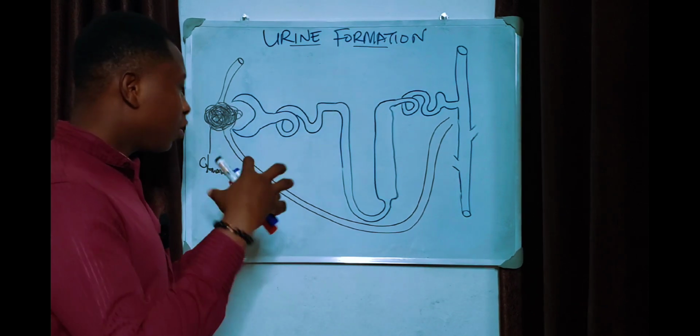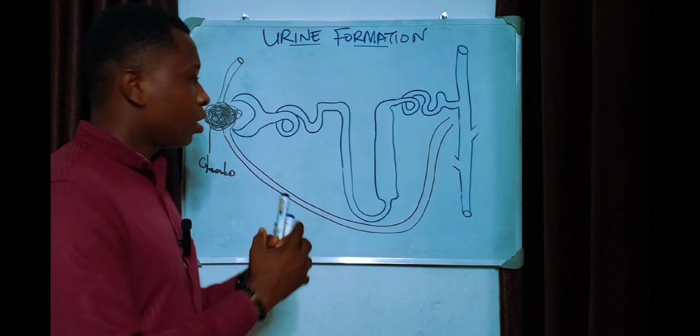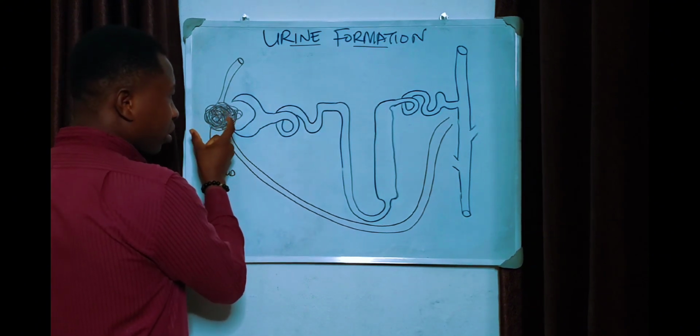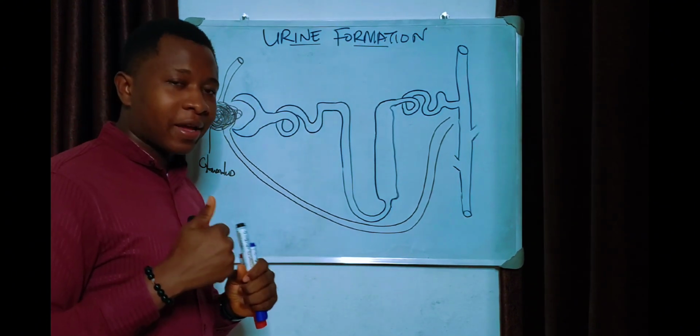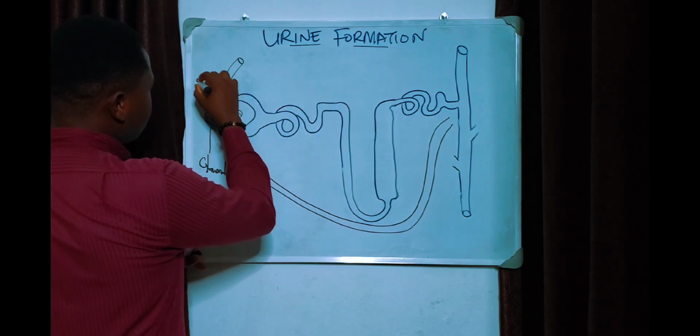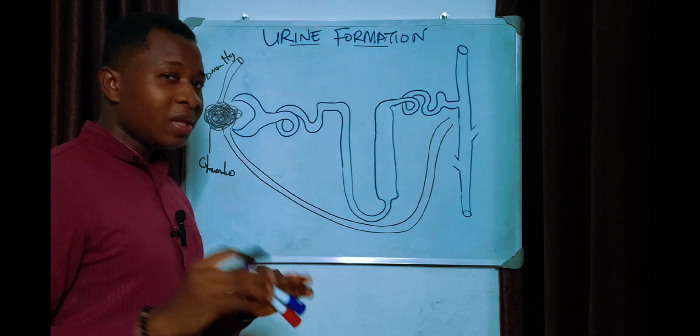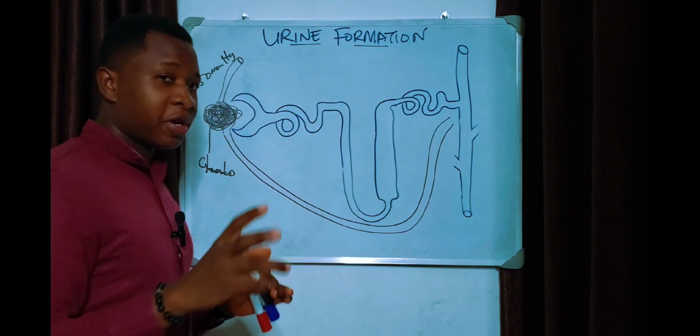So we have a lot of blood vessels that come together to make up the glomerulus, right? The pressure here is a little bit high. It's about 50 millimeters of mercury. That's a lot of pressure.